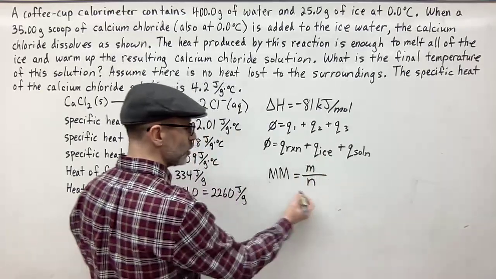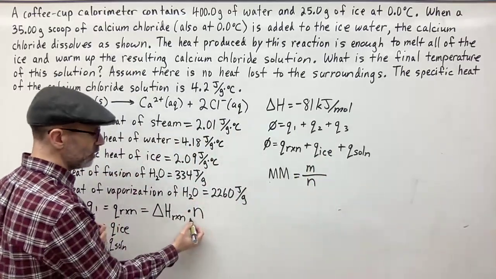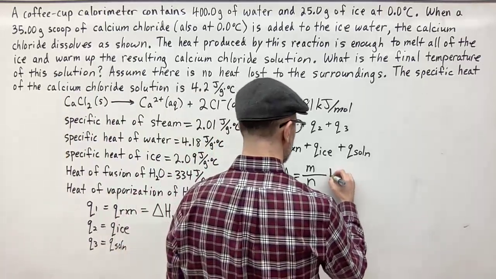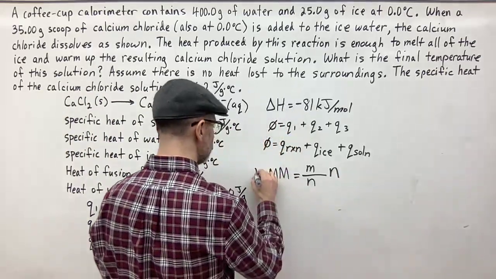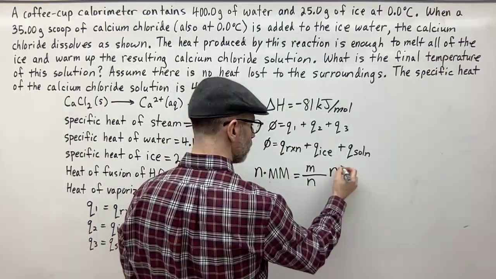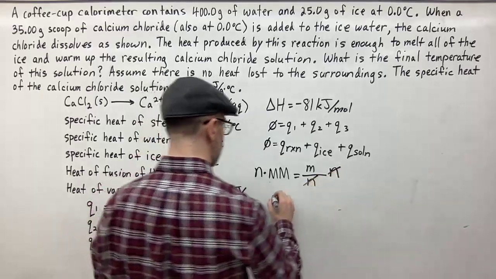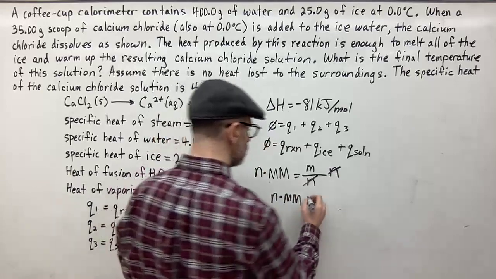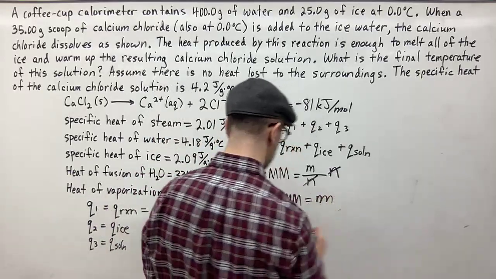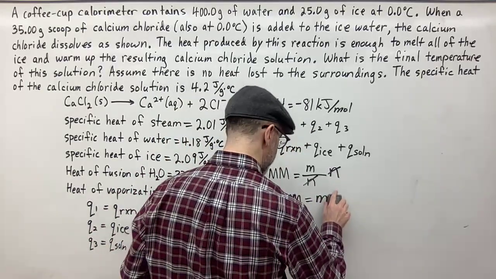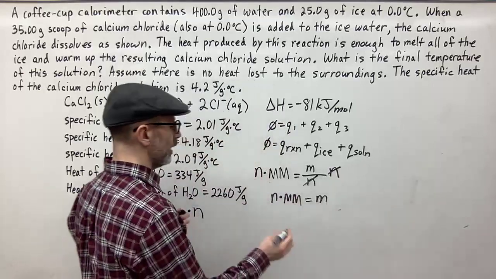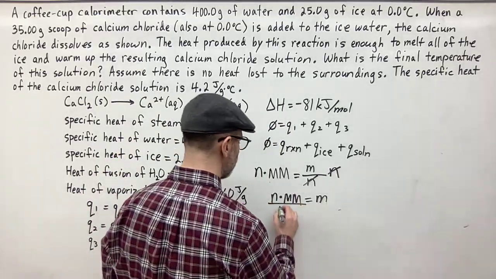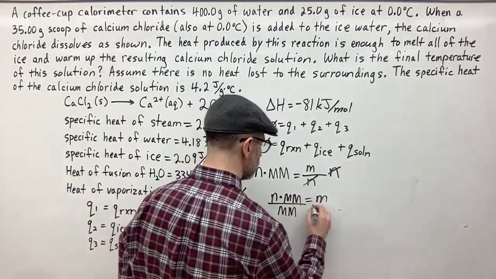Now I can solve for N. Notice I have N here. I can solve this for N. So I multiply both sides by N. N cancels out. Now I have N times the molar mass equal to the mass in grams. And now to get N by itself, I divide by the molar mass.